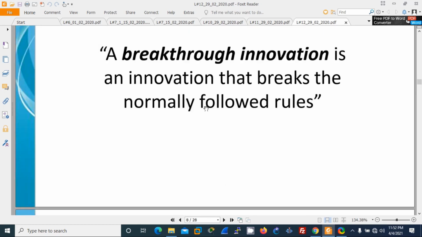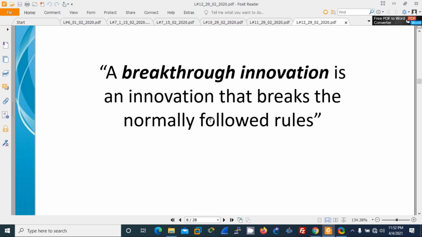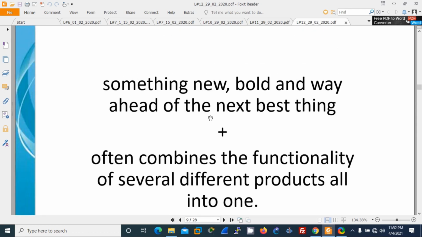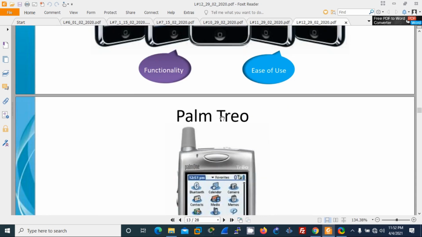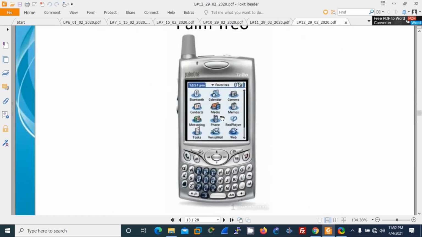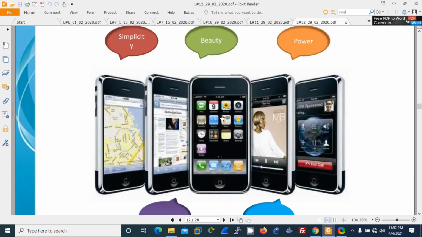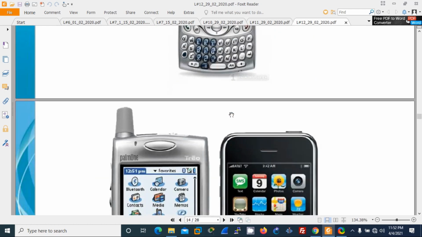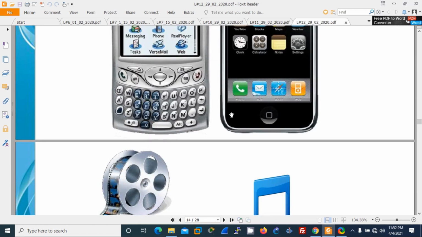It simply breaks the normally followed rules. For example, at the time that people believed Palm Treo-like devices were the real mobile phone, Apple came up with a very simple yet very powerful and beautiful product called the iPhone. Hence, people still behave crazy to buy the newest iPhone because they believe in that change.